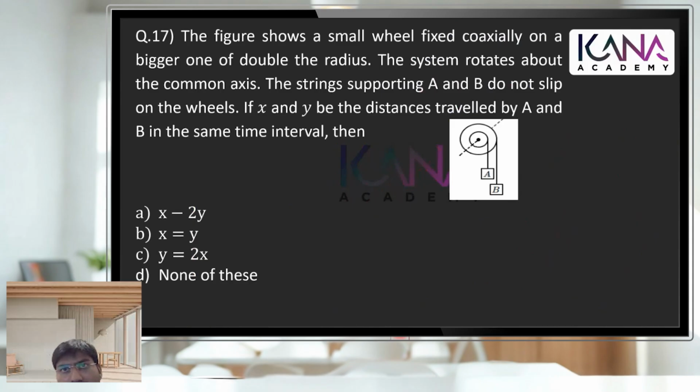So there are two coaxial wheels, with radius R and 2R. The strings are attached and they don't slip. The distance moved is X and Y in the same time. So the major concept here is that there is the same angular displacement. The theta is the same for both because it's rigidly connected, right?